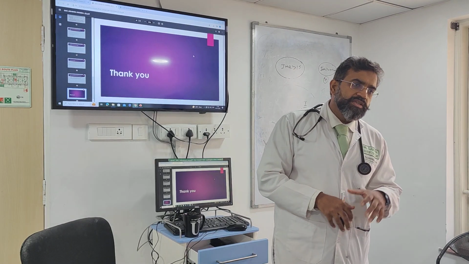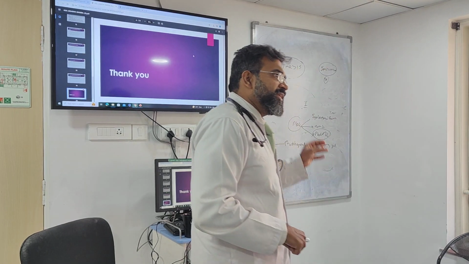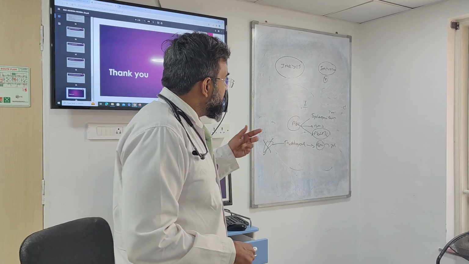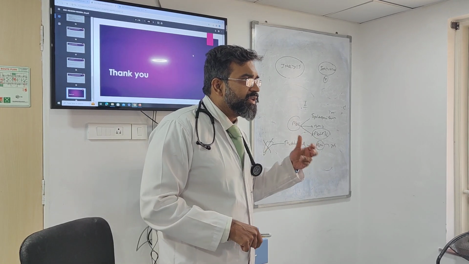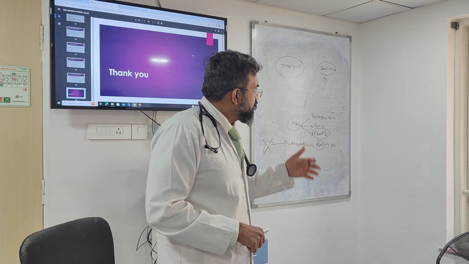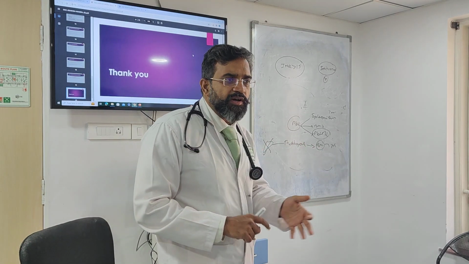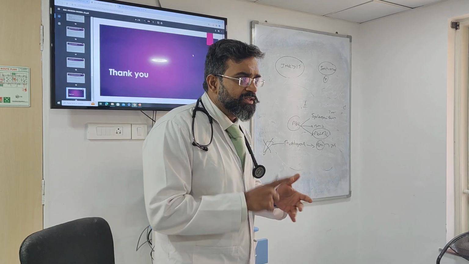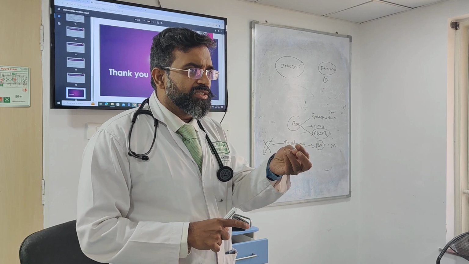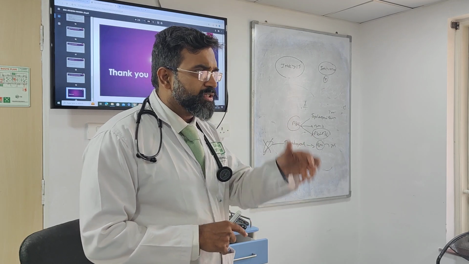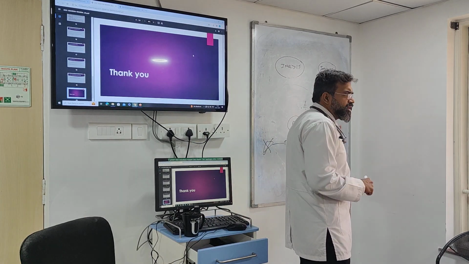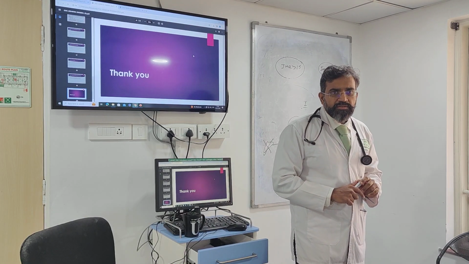So this explains why the number of platelets is low in liver cell failure: three reasons. One is splenic sequestration, the second is bone marrow depression because of hepatitis C and alcoholism, and the third is reduced bone marrow stimulation because of reduced thrombopoietin, which comes from the liver. Clear?